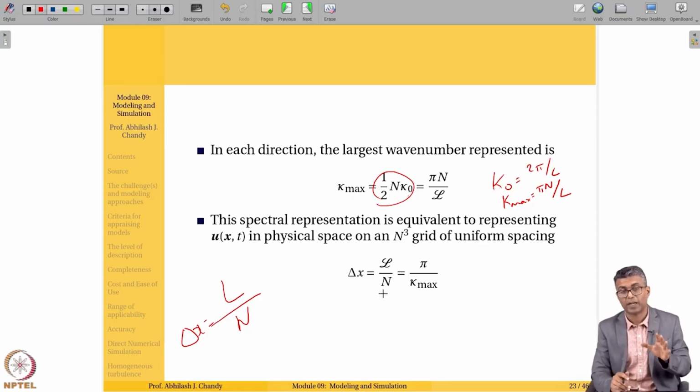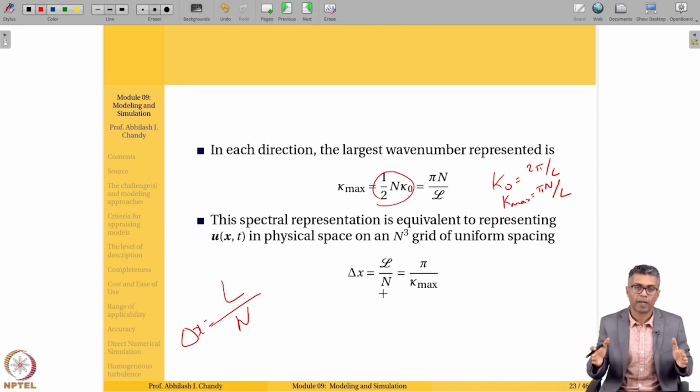Remember, you're solving the Navier-Stokes equations in spectral space, so you're not really using a grid. But you can think of n points being there and your domain being divided into n points, because it is the equivalent of what we are doing.